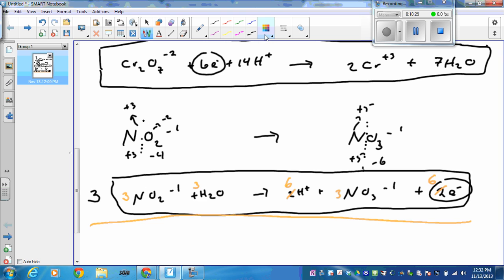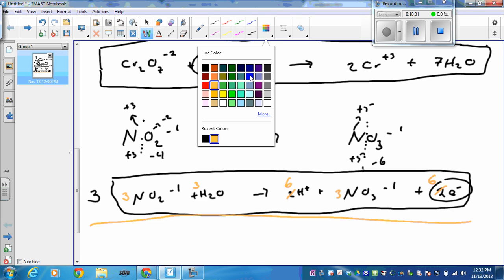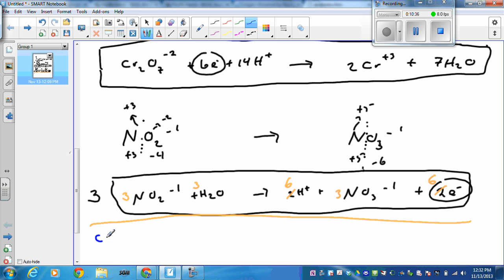So what am I going to have as my sum in this process? I'm going to have a Cr2O7 minus 2. Let's keep everything together for a moment. I'm going to have my 6 electrons, my 14 H pluses, my 3 NO2 minuses, and my 3 H2Os.